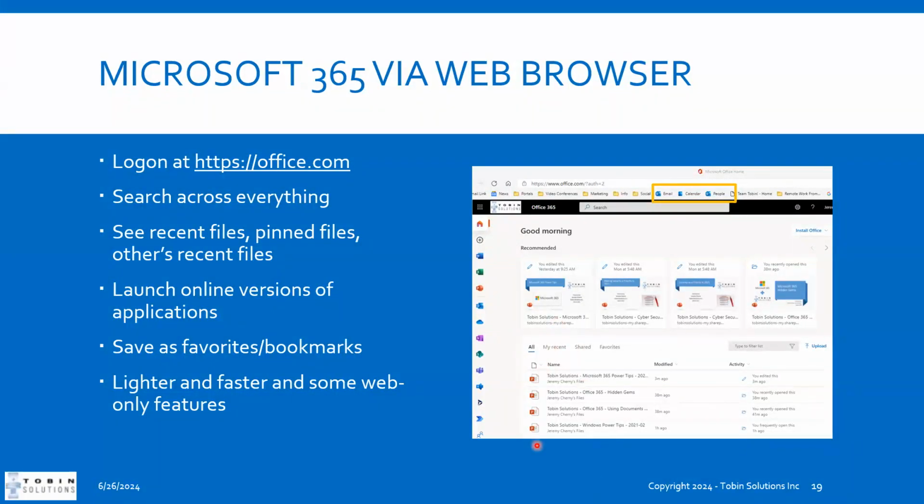So with 365, one of the powers of SharePoint, there's no SharePoint app on your machine, right? There's no SharePoint program you're running on your workstation. It's really just where all the files are.